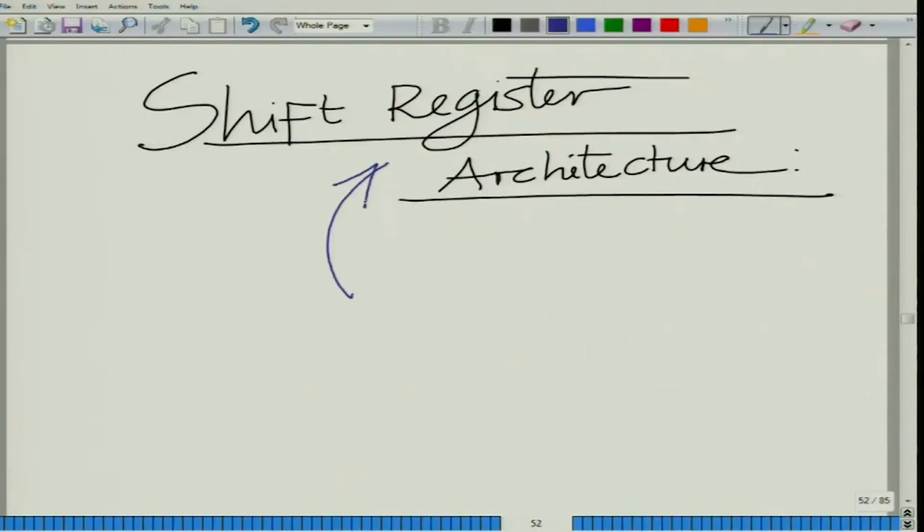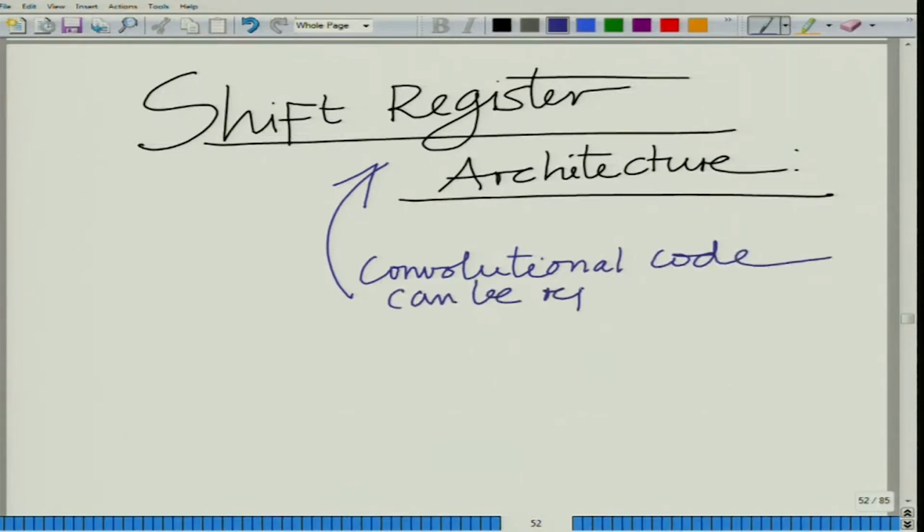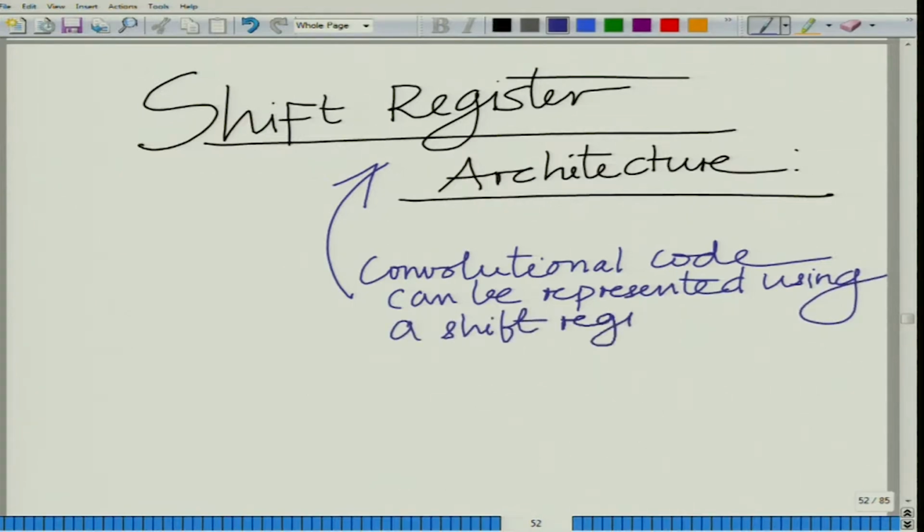So a convolutional code can be represented using a shift register architecture. In fact, below we are going to show a feed forward shift register architecture.